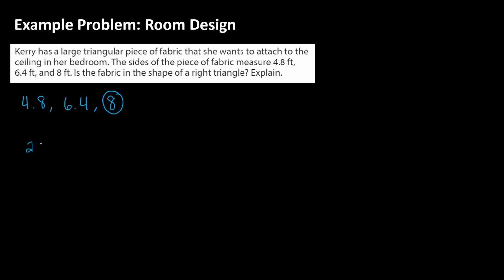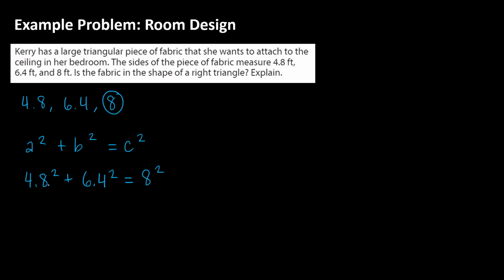So just like before, a squared plus b squared has to equal c squared in order for this to be a right triangle. Let's fill in what we know. The legs are 4.8 and 6.4. And the longest side is 8.